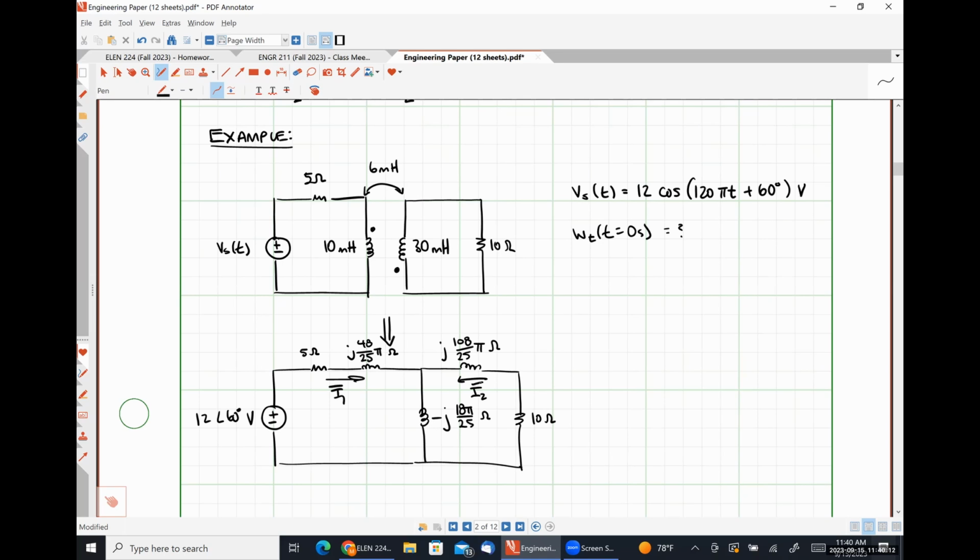Would be this current, right? So we should have the exact same current flowing around this way into the undotted terminal. So both of our currents are flowing in, but our dots are switched, which is justified by our replacing M with negative M in our analysis here. Okay, so how do we find I?